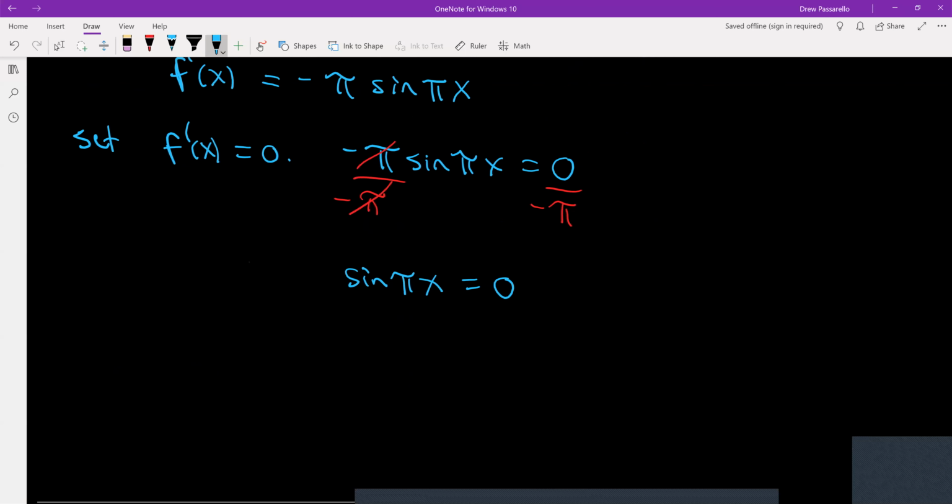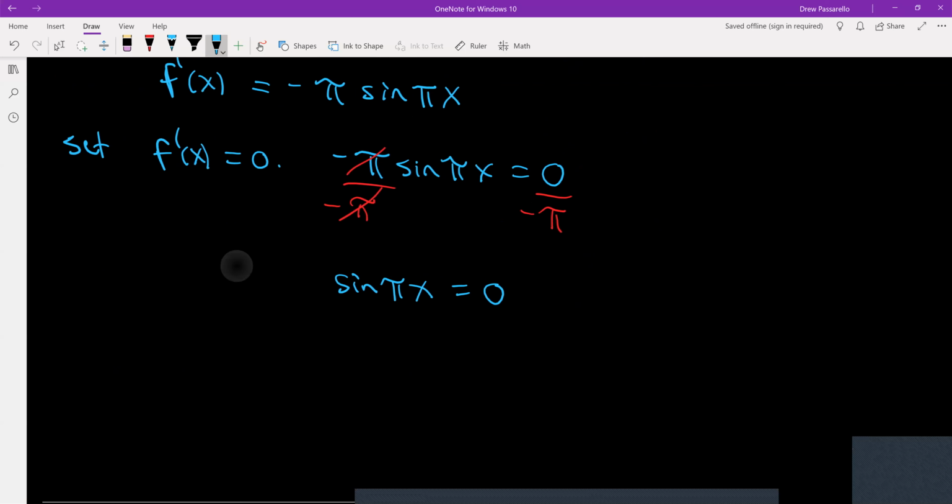All right, so I need to find x so that the sine of pi x is 0. And what I like to do is think about it: if I just have sine of theta, when is sine of theta equal to 0?